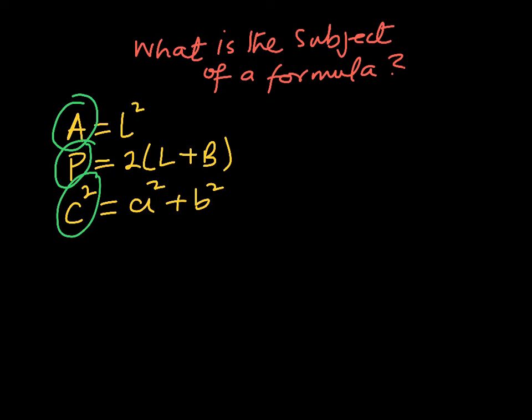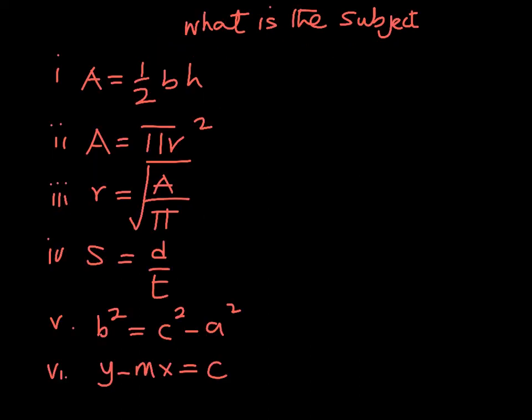It's possible that you might see some formulas in which the subject is written on the right hand side, but ideally most subjects are written alone on the left side of the equation. They are standalone. So can you identify? Let's look at some examples. Maybe you'll be able to identify the subject of the formula in these examples. So here we have about 6 examples. One is area is equal to half into base times height.